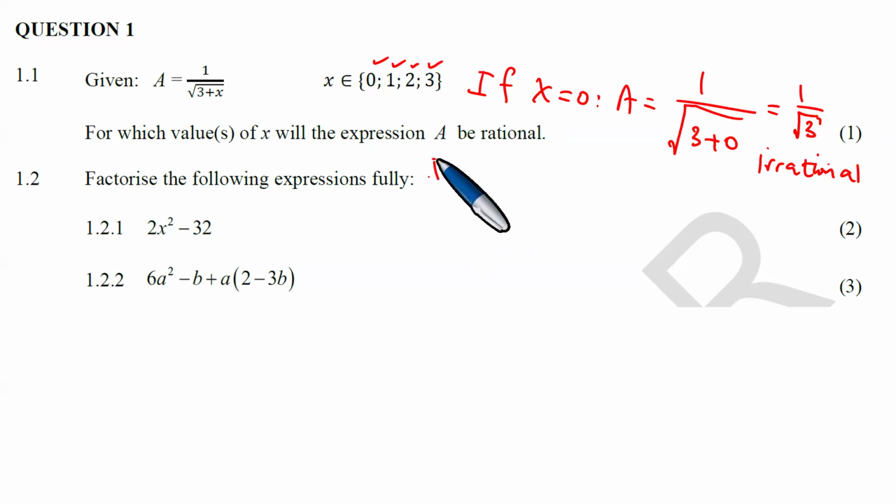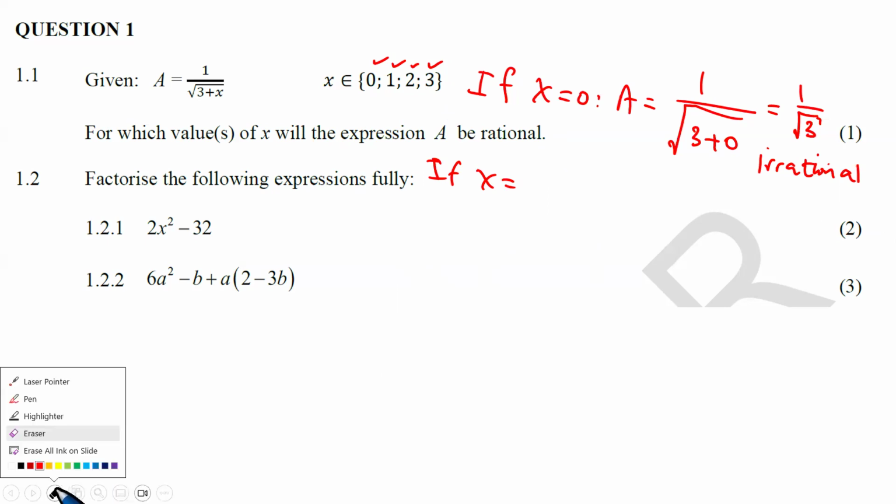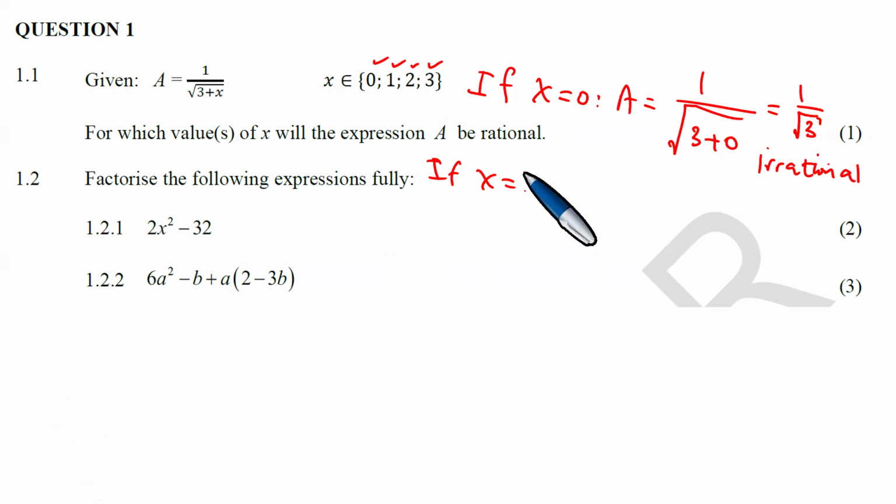Next, because x can be 0, 1, 2, or 3, the next one you're going to put, so this skill you need even at grade 11, is x equals 1. So if x is 1, we put a equals 1 over the square root of 3 plus x. What is x? x can be 1.